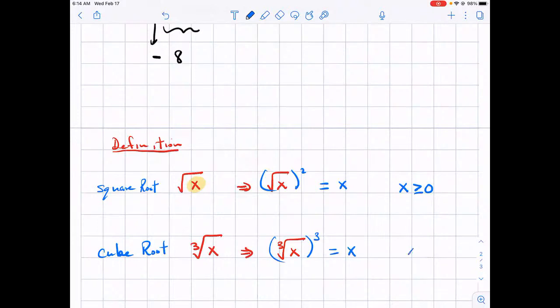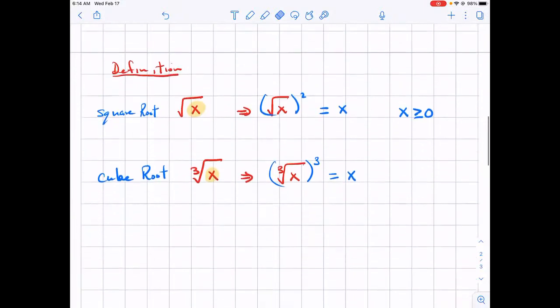And once again, x has to be greater than or equal to 0, because we said we cannot take, well, for cube roots, let's take that here. For cube roots, we don't care if x is less than 0. And I'll show you why sometime very soon in this video.